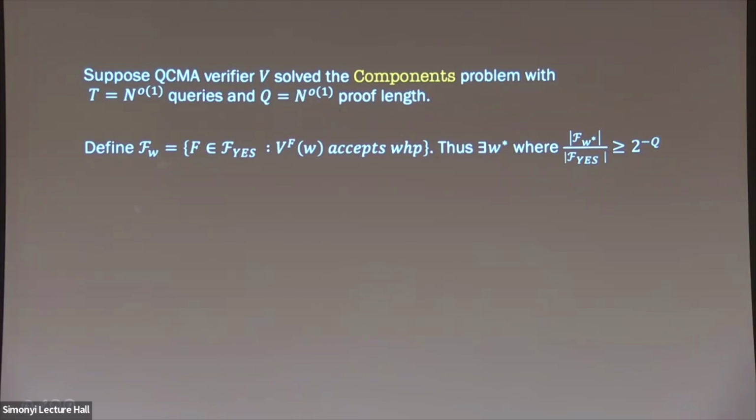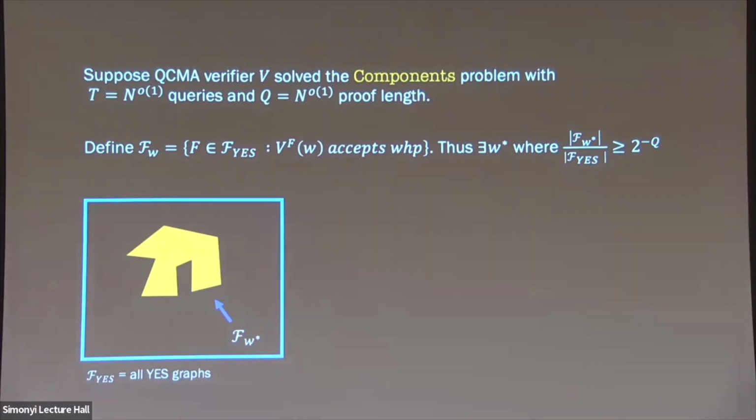So for every witness W, we'll take the collection of oracles for which that's a good witness. There's going to be some witness that I'll call W star that has the largest number of yes oracles in it. I'm just drawing this strange shape because we don't know what shape it's in. But we know that its fraction is at least 2 to the minus q, because q is the size of the witness.